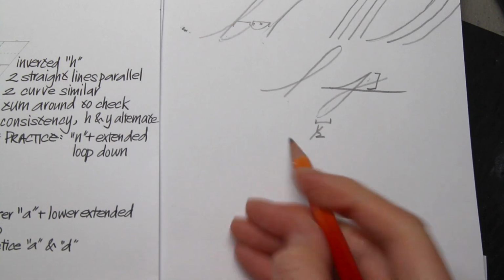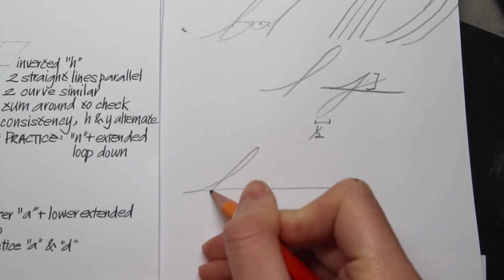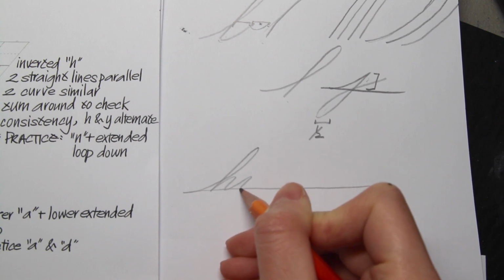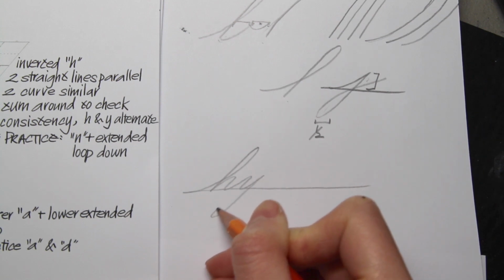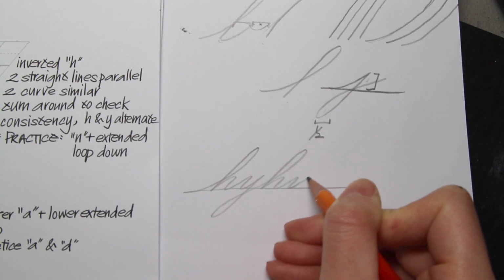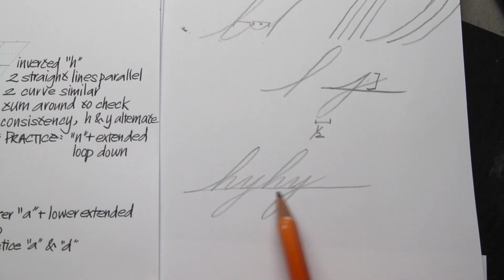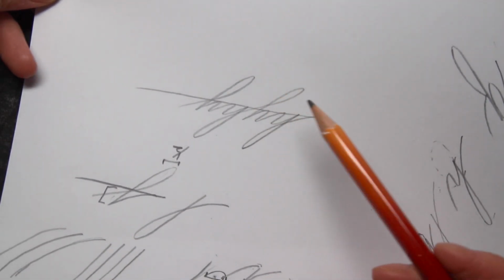So a good way to practice the H and Y is this. Write alternatively HY, HY. Then turn it around to check your work. It should still say HY, HY.